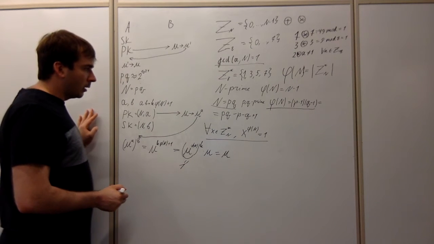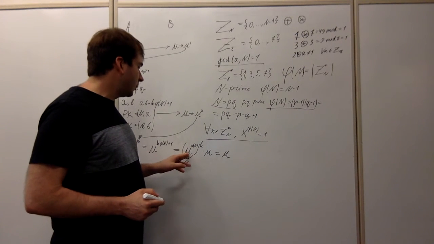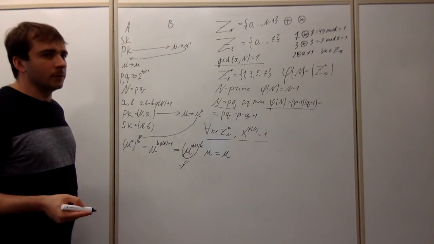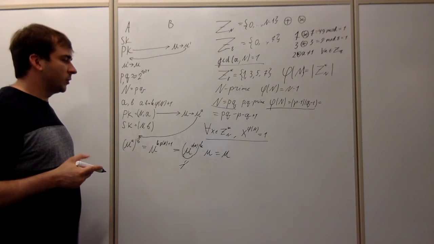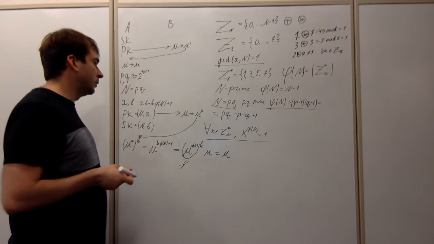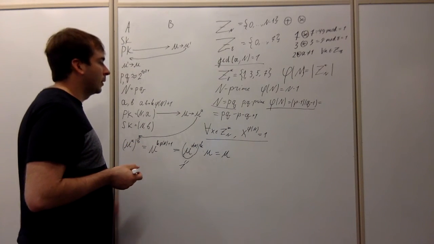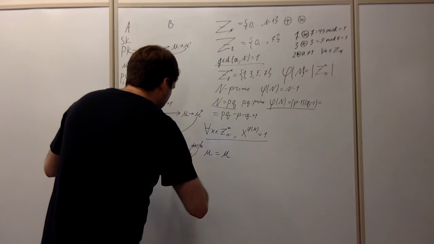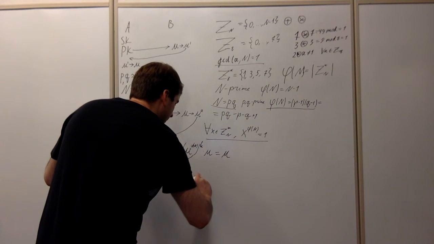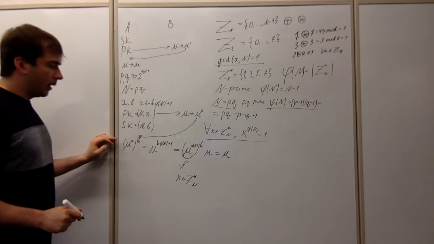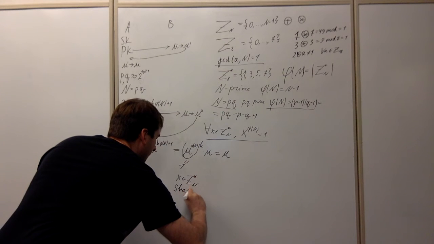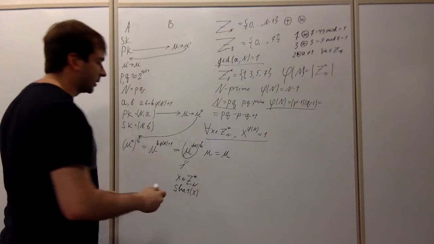Cool. However, for all this to work, we need m to be from Z star n. That's really inconvenient because a lot of the messages won't comply with that rule. So what is really happening is that we are not using this for encryption. What Bob does is pick some x from Z star n, and he uses SHA-1 of x as a symmetric encryption key.